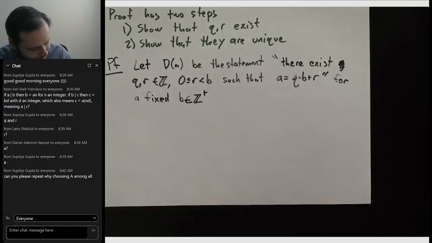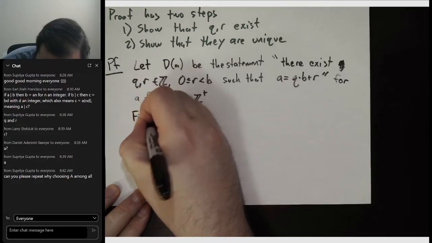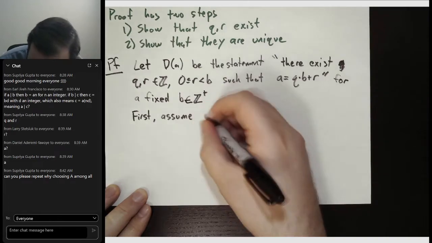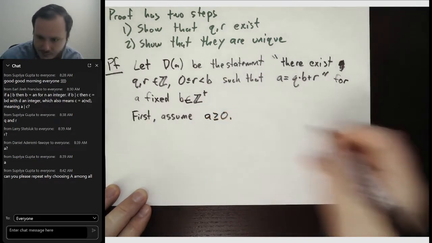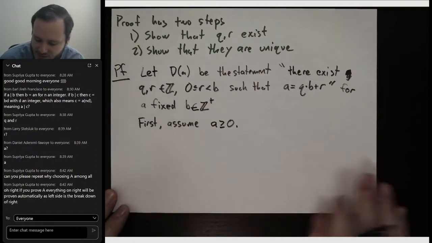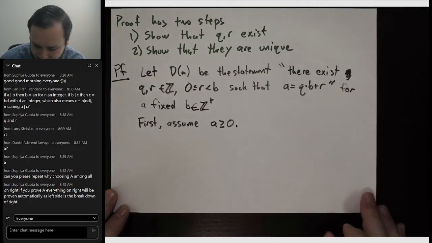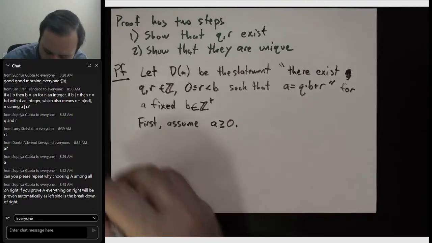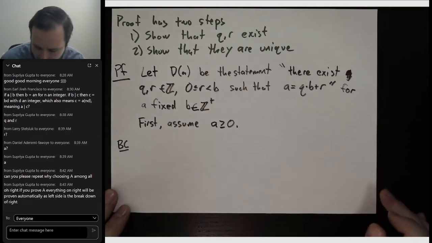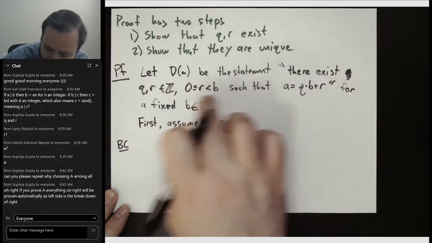But okay, so first I'm going to assume that A is greater than or equal to 0. In order for me to do induction, I need a starting place. So my base cases, because I'm going to need strong induction for this, I'm going to do a separate base case for every different value of R that's possible.